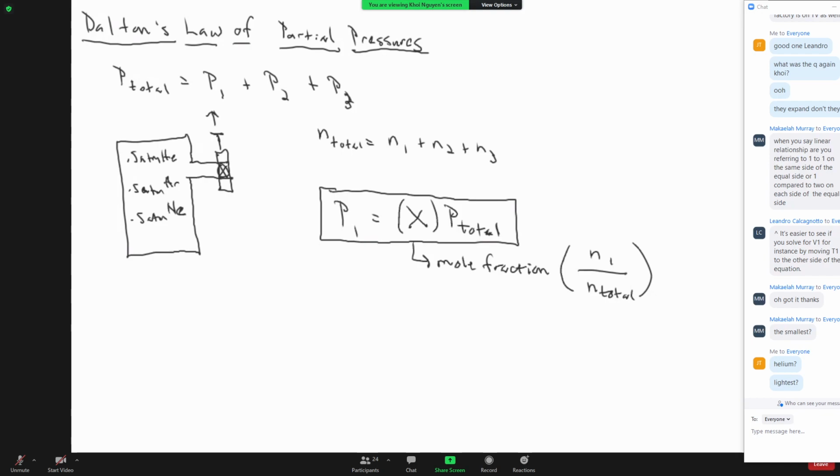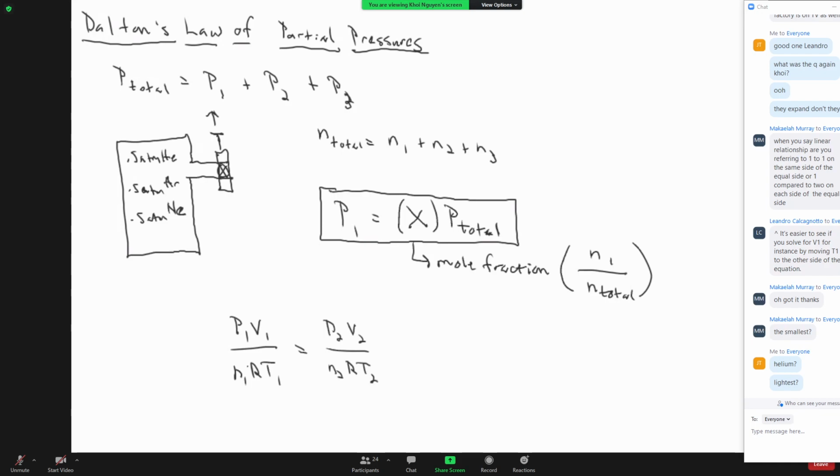Okay. So we have just gone over all the different laws. And when we combine those laws together, Avogadro's, Boyle's, Charles's, and Gay-Lussac's, we get the combined ideal gas law, right? The combined ideal gas law: P1V1 over N1RT1 is equal to P2V2 over N2RT2.